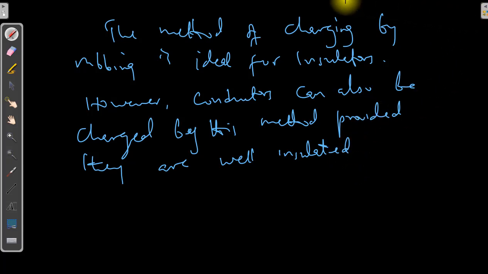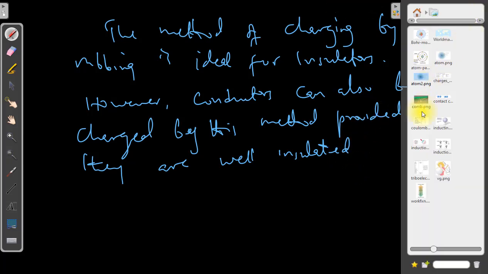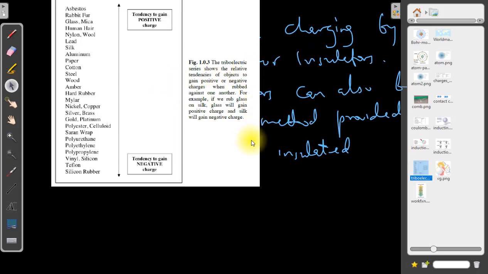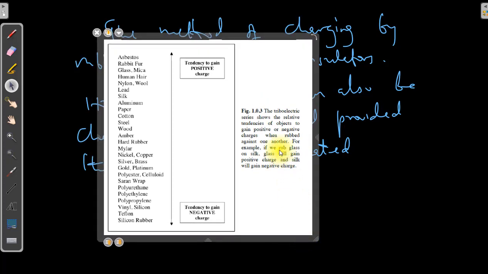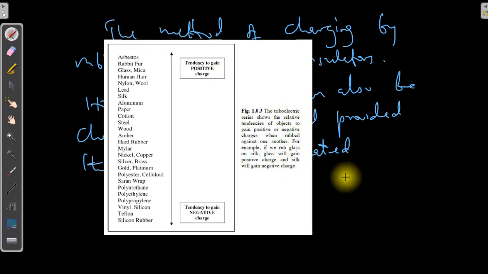Okay, I'll finish this by showing you a simple table here. This table shows something called the triboelectric series.